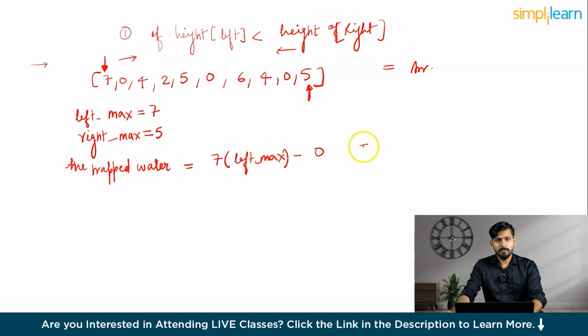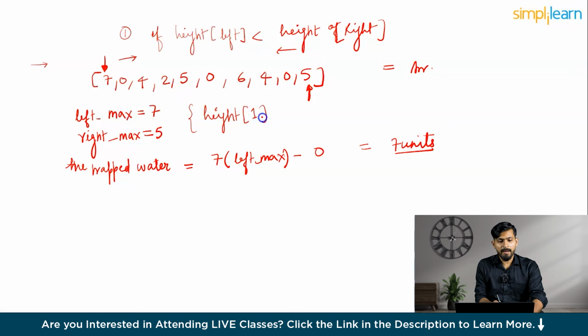I'll repeat again. Here what I'm saying is, when the left max is 7 and the right max is 5, and our left pointer is at index 1, we take it as height of 1, which is equal to 0. So what is the trapped water?